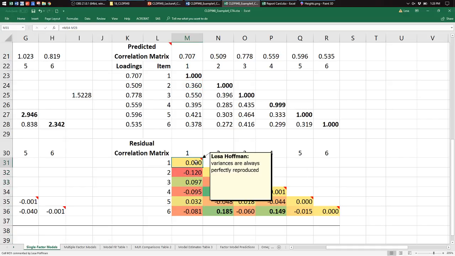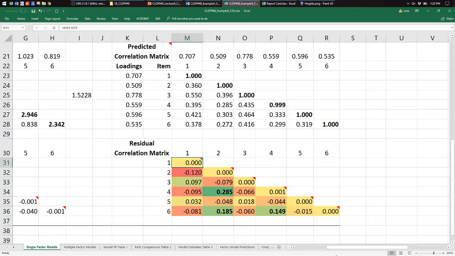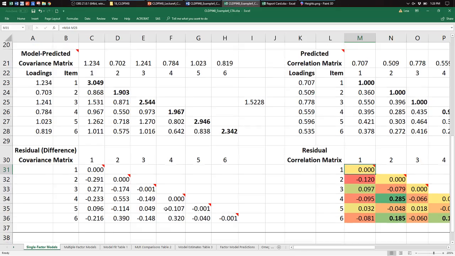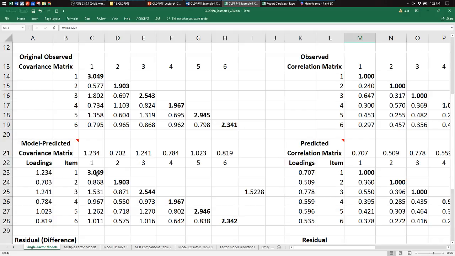And we note in the comment here, variances are always perfectly reproduced so long as each item gets what? Its own error variance. The error variances fill in the difference between whatever the model says the variance should be and whatever the rest of it is.